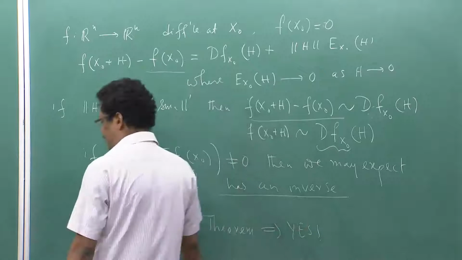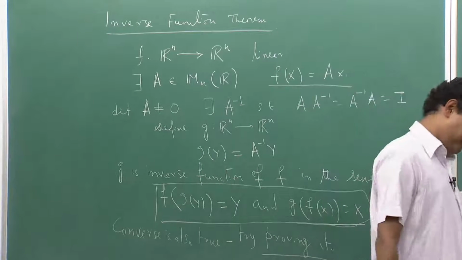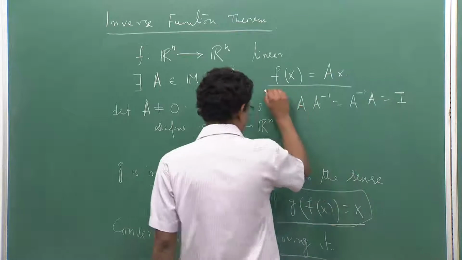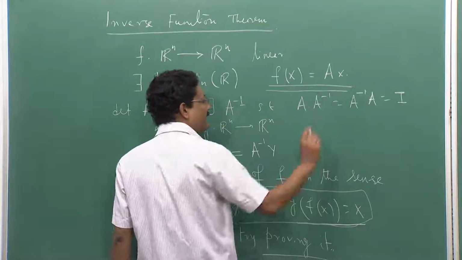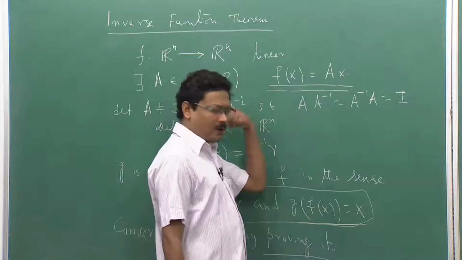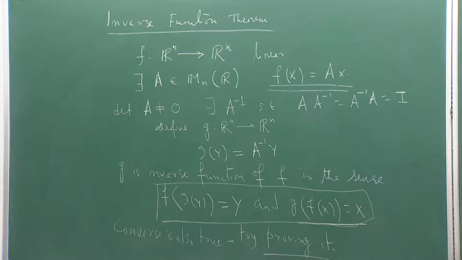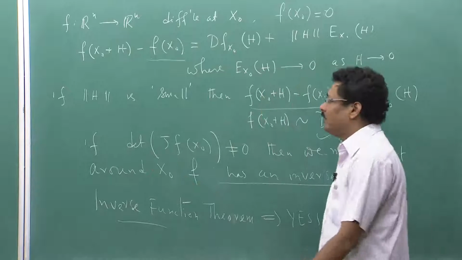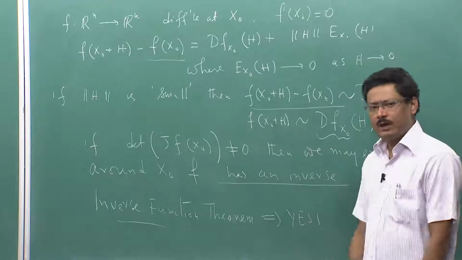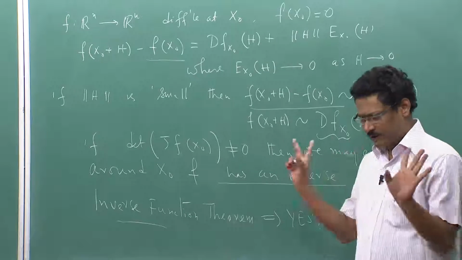Yes, it is almost as it is true, but you have to assume something more, because we are just doing a first order approximation. But we have motivated it from f of x equal to a x, whose derivative is a. So, it is differentiable up to any order. So, here the inverse function theorem will put some condition that f is C1, that is, we need f to have continuous partial derivatives of first order, that will do.